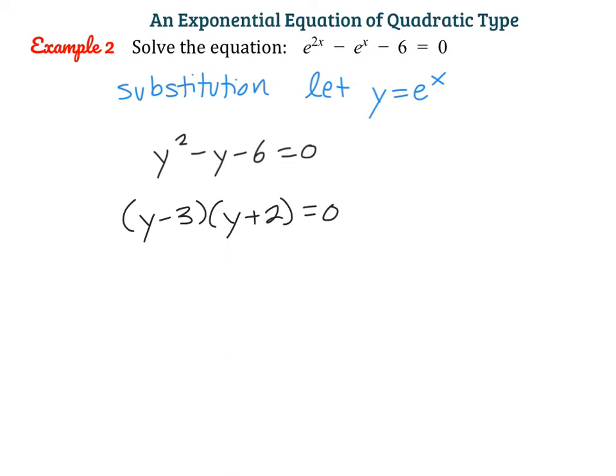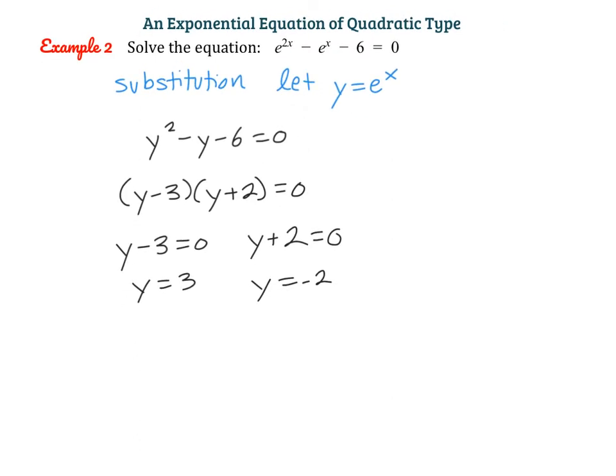And then from here, we can say y minus 3 equals 0, y plus 2 equals 0, y equals 3, y equals negative 2, and then we're going to substitute this back in. So we have e to the x equals 3, and e to the x equals negative 2.